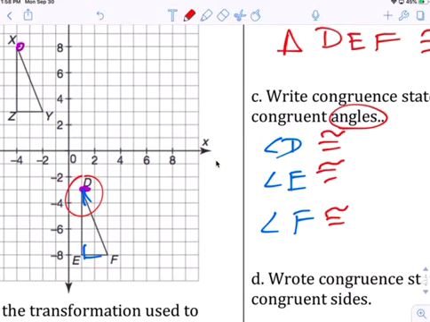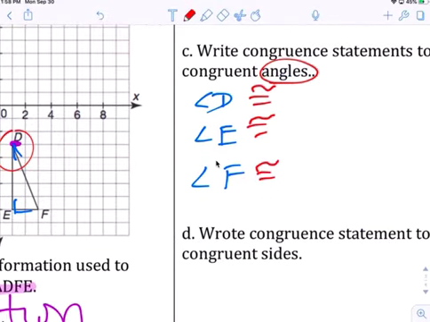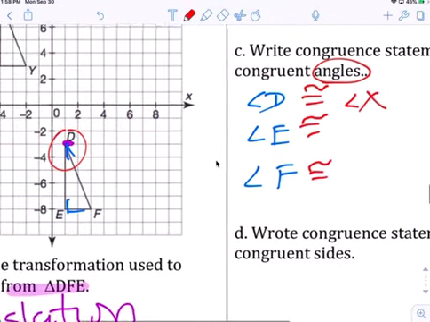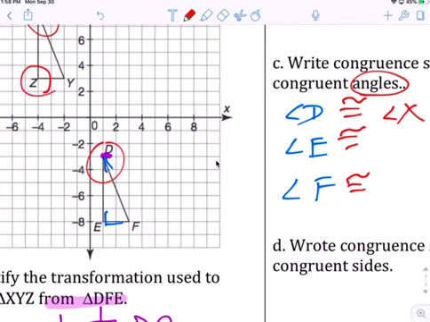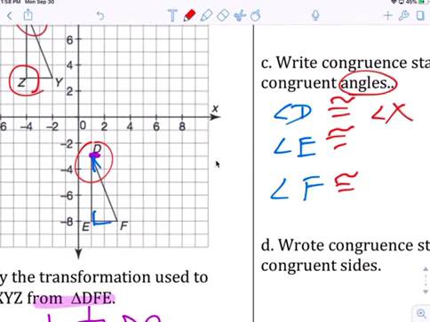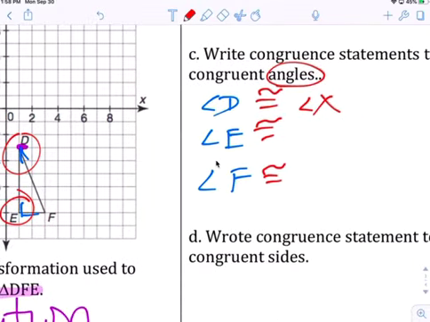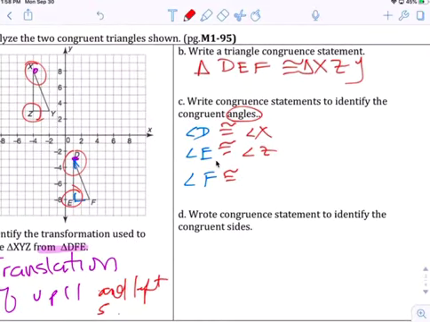D is congruent to angle X. E is congruent to angle Z. F is congruent to Y.